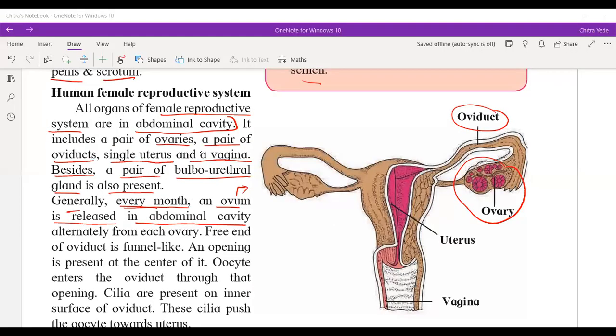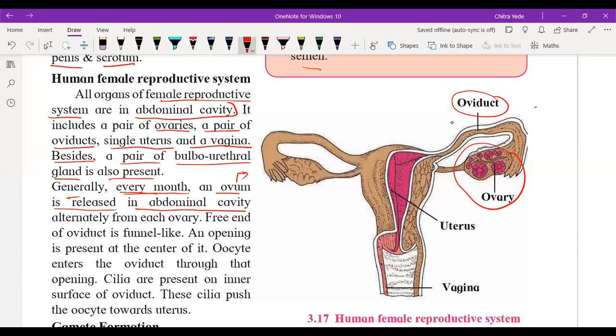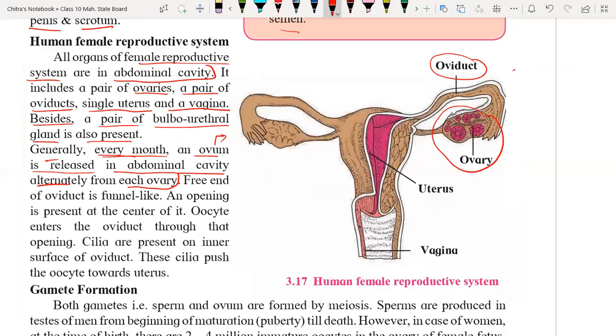Alternately from each ovary, they release an egg cell alternately by each ovary. Okay. The free end of the oviduct is funnel like. If you see here, this free end is funnel like this. And it opens into the uterus.